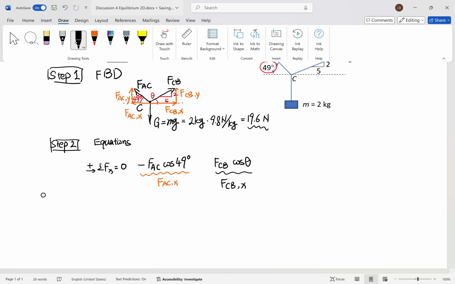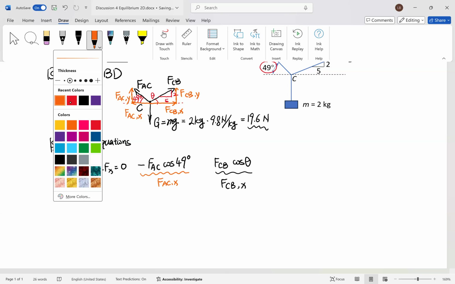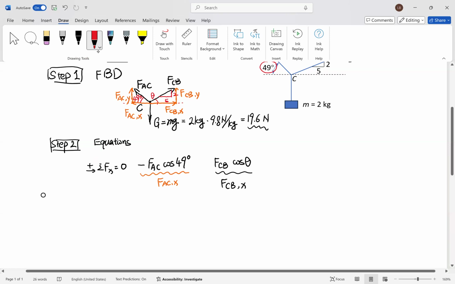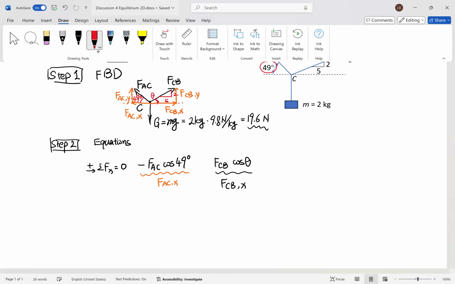But the problem is that we don't have theta here. No worries. Please note that we have a small triangle here. How can we relate the small triangle to this theta? The small triangle is similar to the big force triangle, which means that this angle and angle theta are equal.